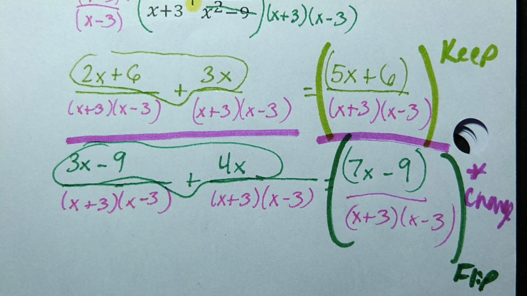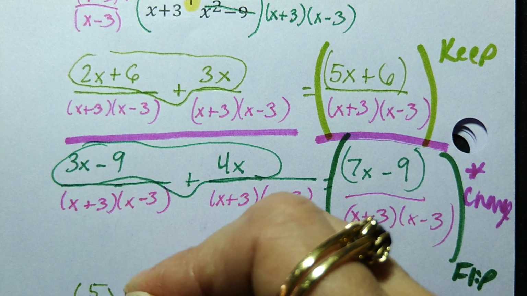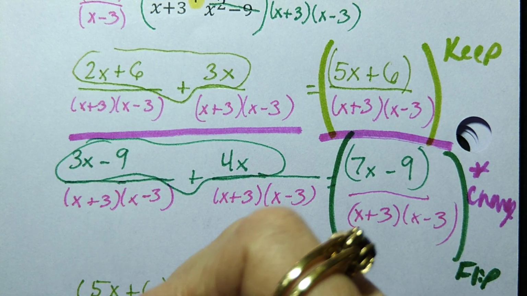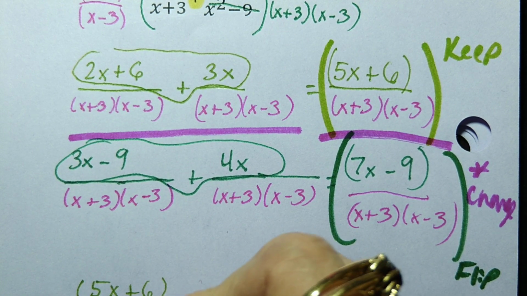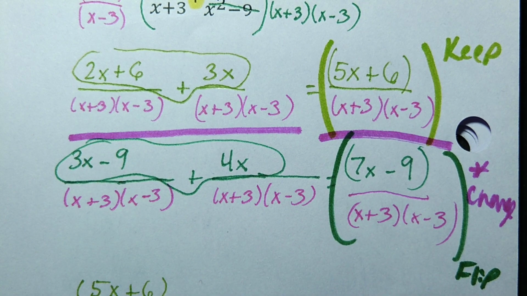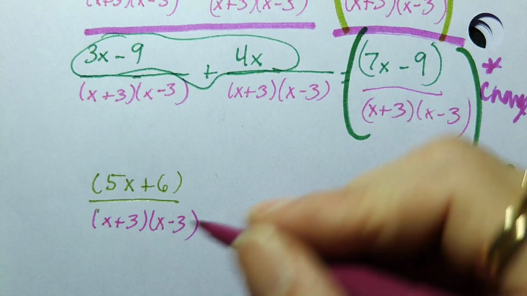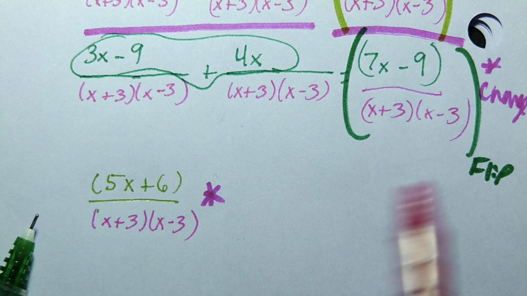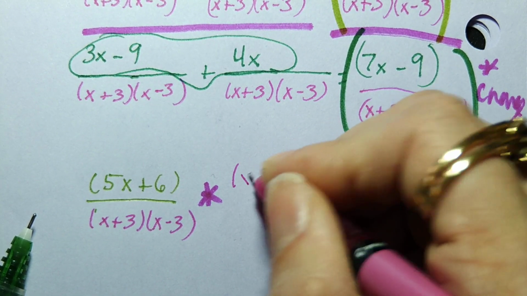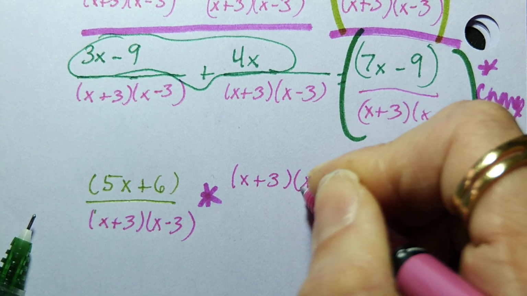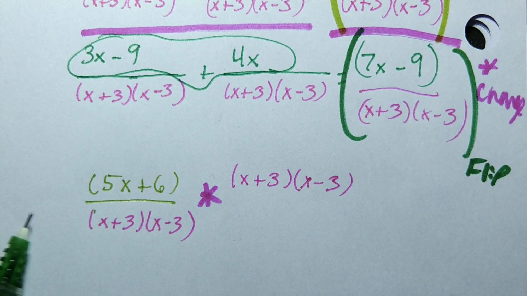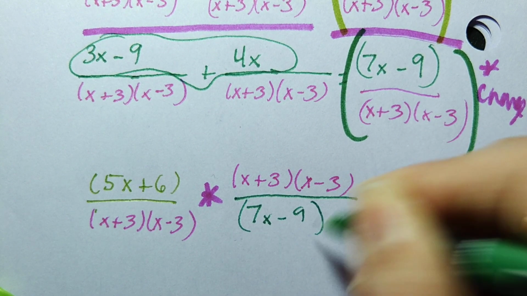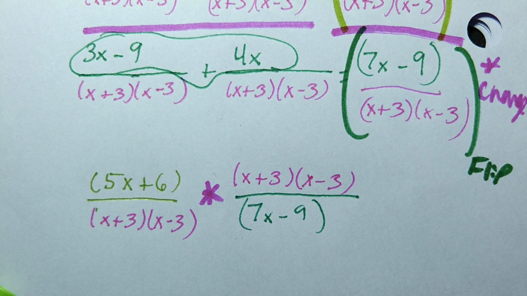So keep 5x plus 6 over x plus 3, x minus 3. Change to multiplication and flip. So this fraction, now x plus 3, x minus 3 is on the top. 7x minus 9 is on the bottom.